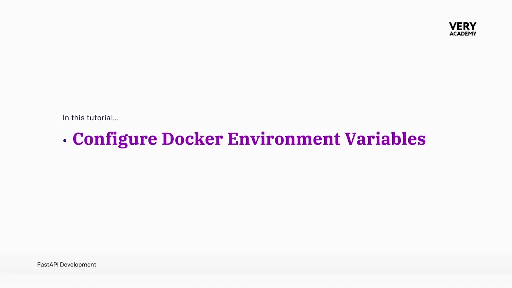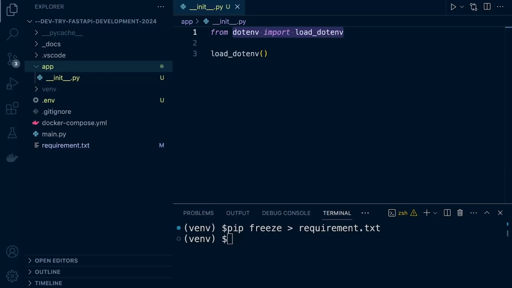In addition to our application utilizing environment variables, we can also pass environment variables into our Docker environment from the .env file. So let's take a look at changing this sensitive information which we currently have within our Docker Compose file.